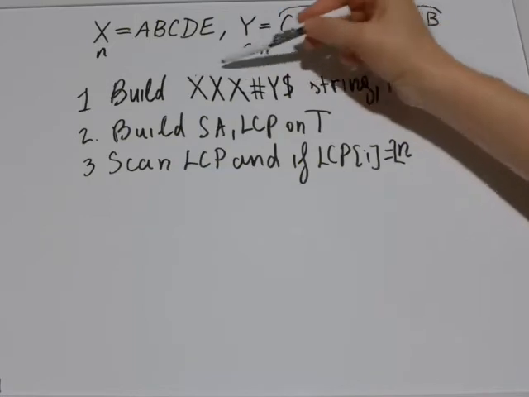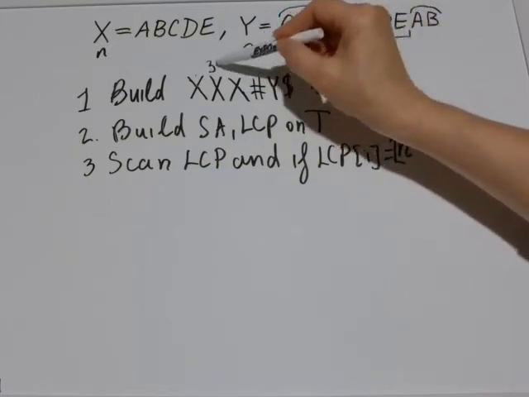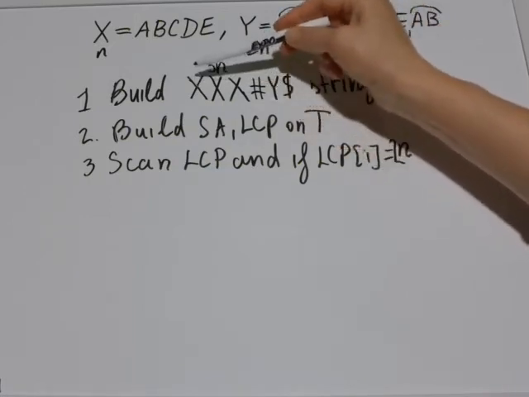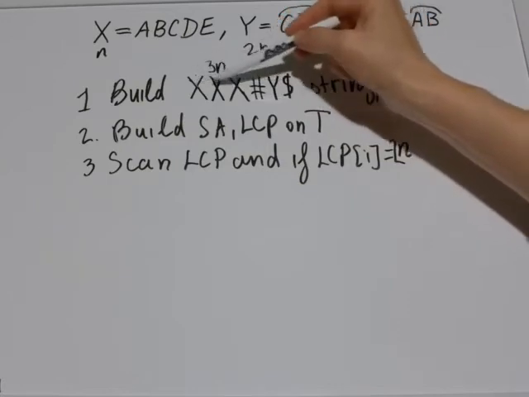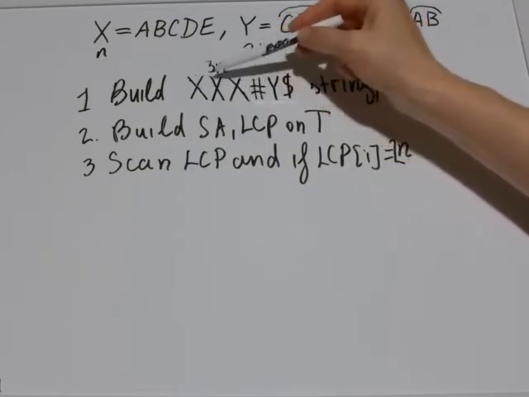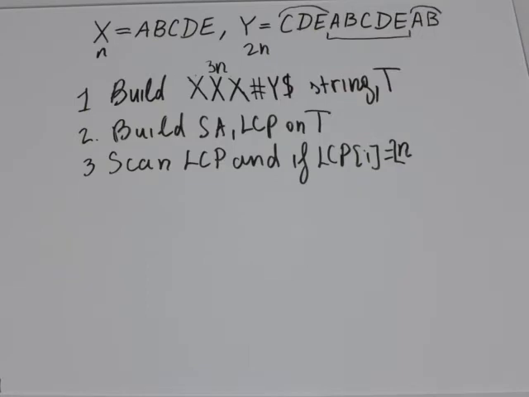This string has 3n length, so it could be the case that some suffixes match other suffixes in 2n characters.